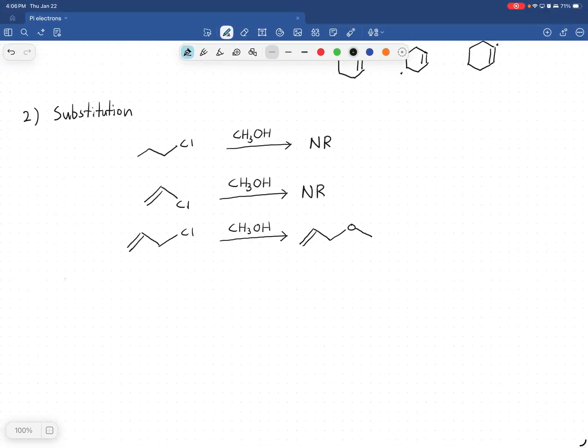So in this case, we talk about the relative stability of a carbocation. The allylic position, the third one, is much more stable than the alkyl carbocation.